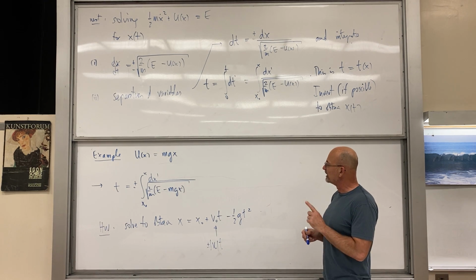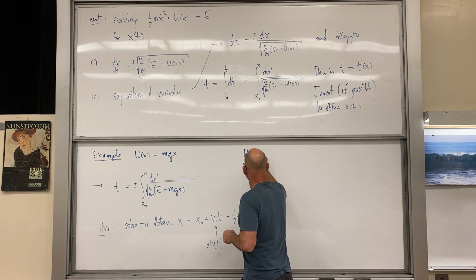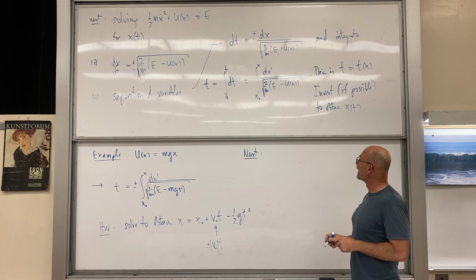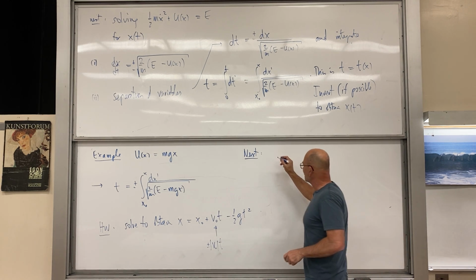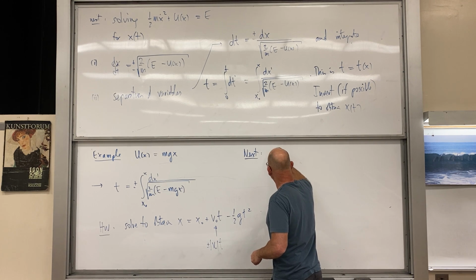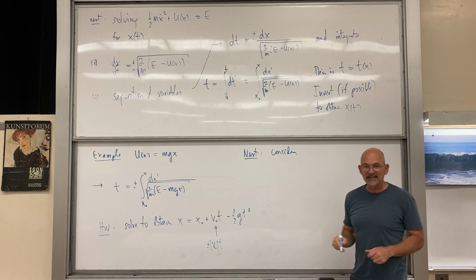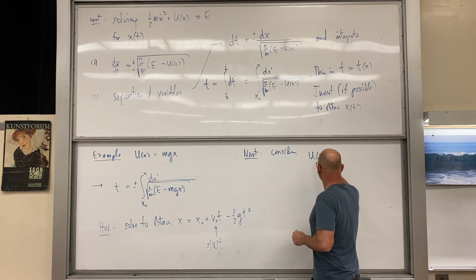What we want to do next, and this is a longer discussion, may go over into the next hour, we want to investigate, consider a whole class of potential energies U of x of this form.